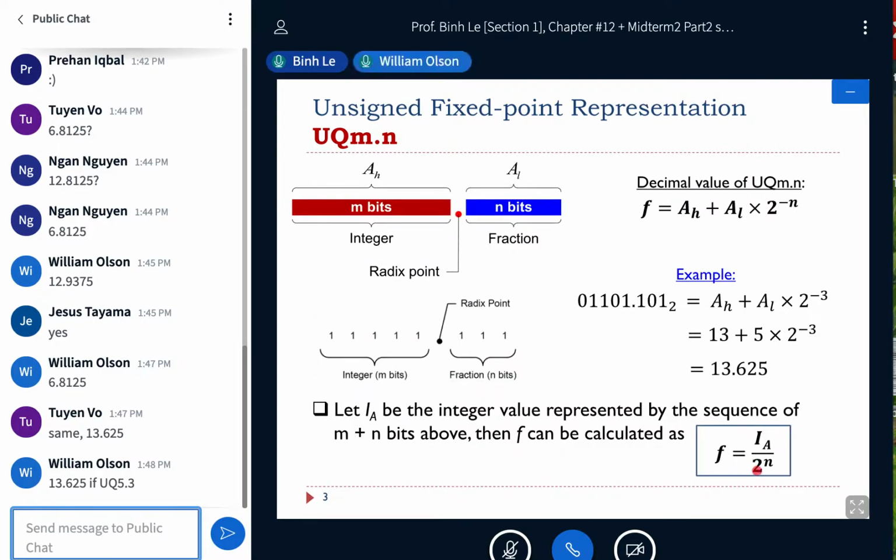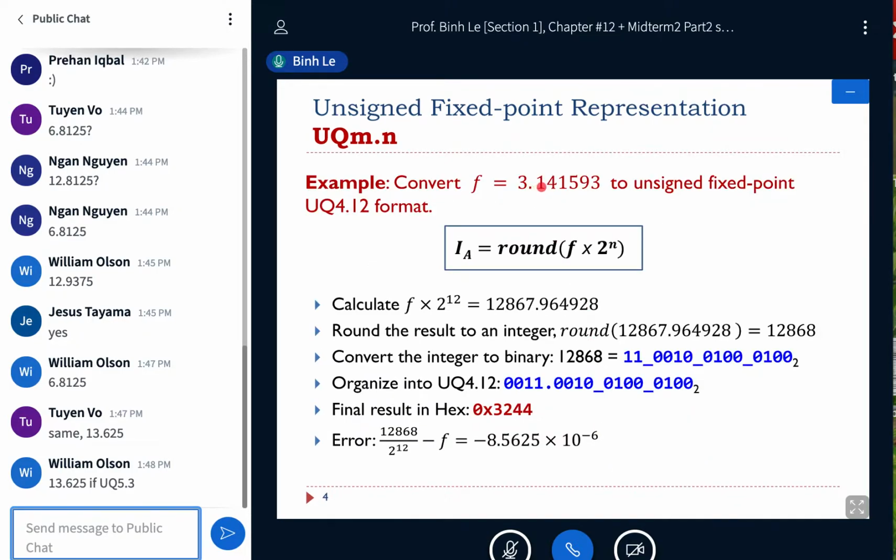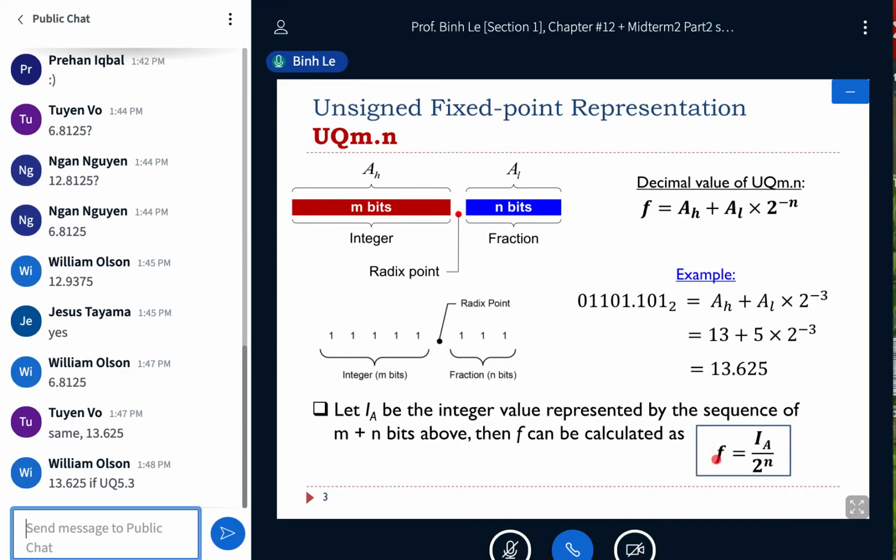Okay, follow this formula. So the true value that you want to represent is f over here, and you know that is 3.141593. Basically, this is the pi value, right? So you know f, right? So do you know n? Yes, you know, right? I just asked you to represent in the format unsigned fixed point 4.12. So n equals 12, right?